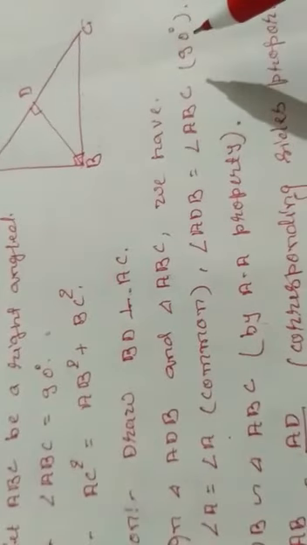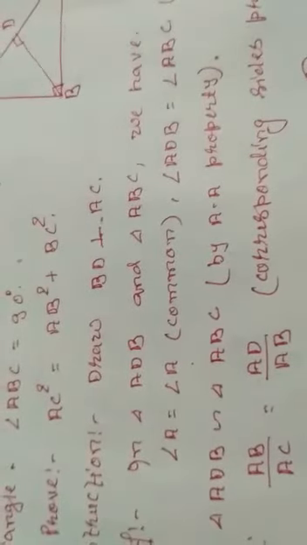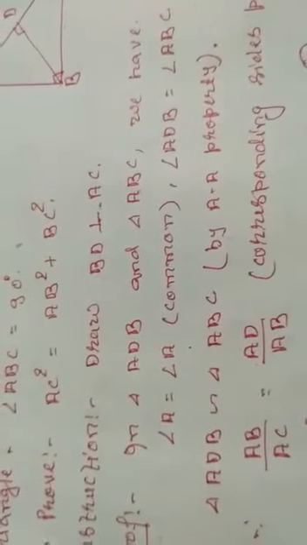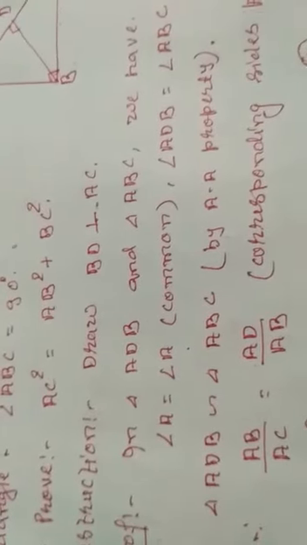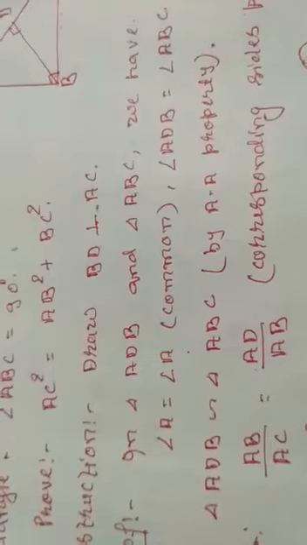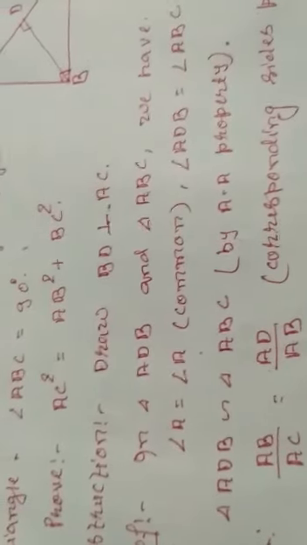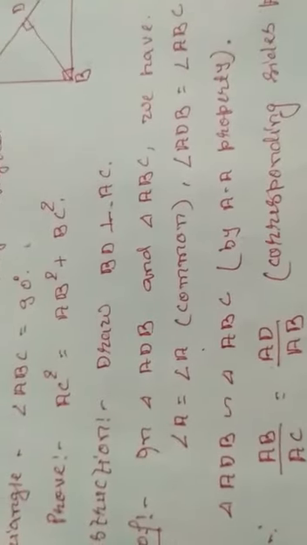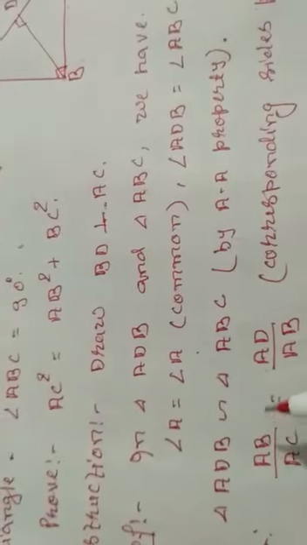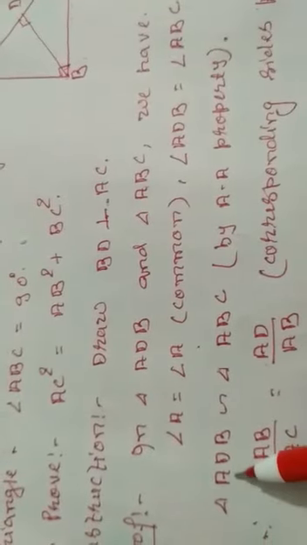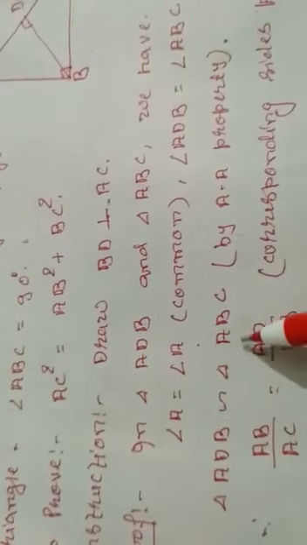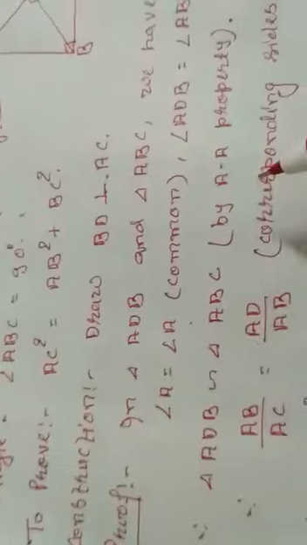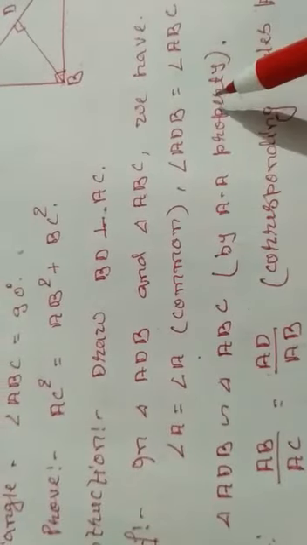So by the angle property of similarity, because we know that when two corresponding angles of two triangles are equal, then these two triangles are said to be similar. This is called the angle property. So by this angle property we have triangle ADB similar to triangle ABC.